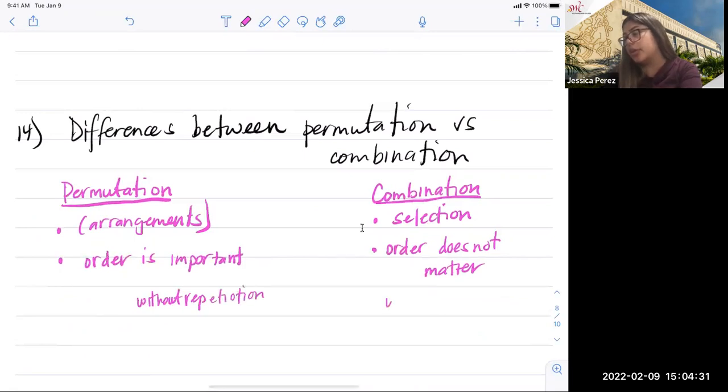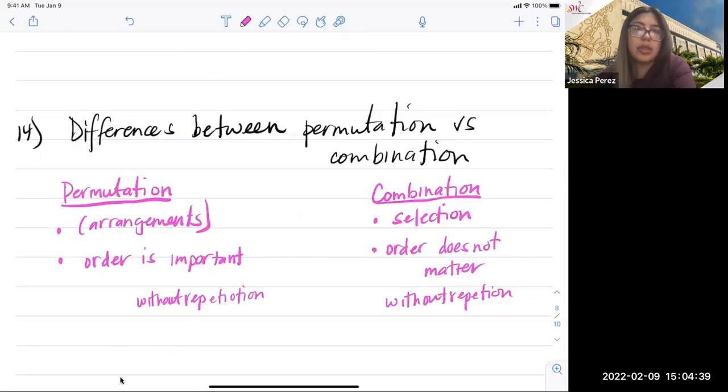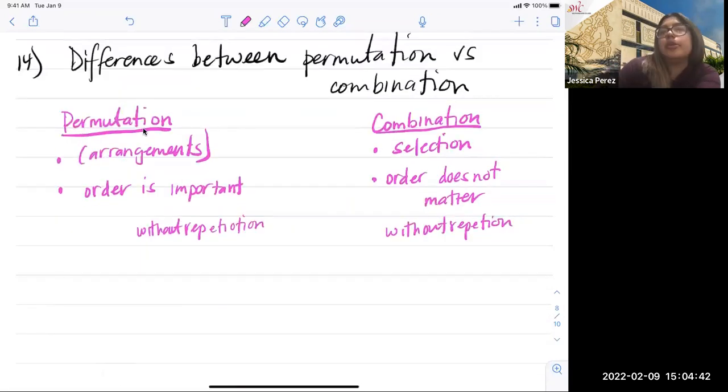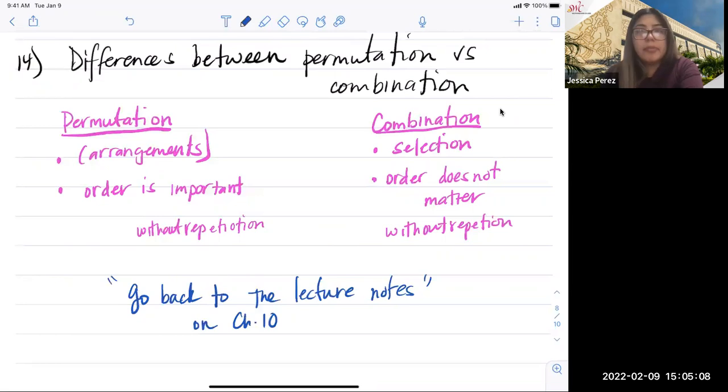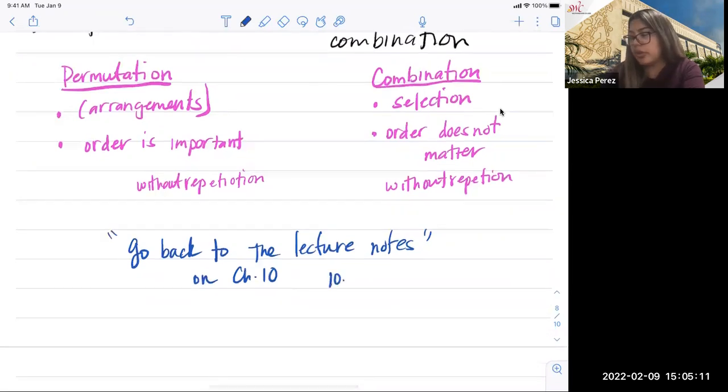And then also you can look at your notes. So here you have to notice the 2 differences between them. But most importantly, the keywords, when you hear the word arrangements versus selection, that's something that you want to definitely look at. And then I'm also going to say, go back to the lecture notes. There are also examples there in chapter 10. I think it's section 10.3, I believe.